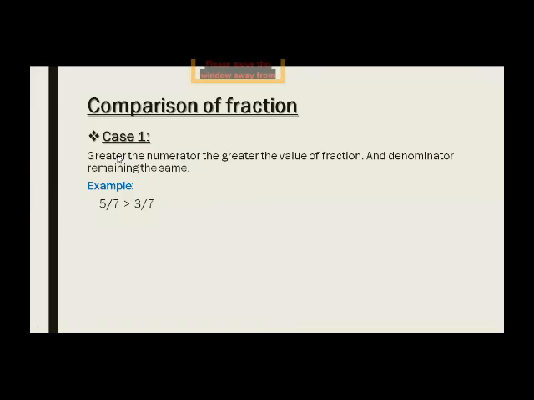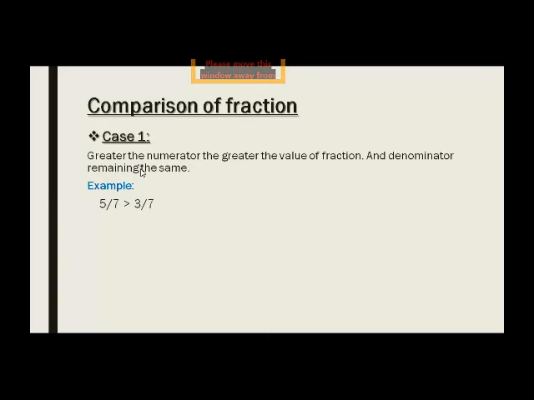And here, which fraction will be greater? Whose numerator is greater. So among this 5 and 3, which number is greater? 5 is greater. So 5 upon 7 is the greater fraction than 3 upon 7. I repeat the case.